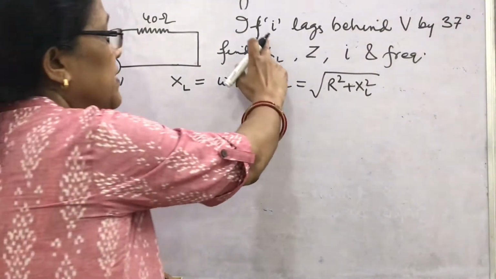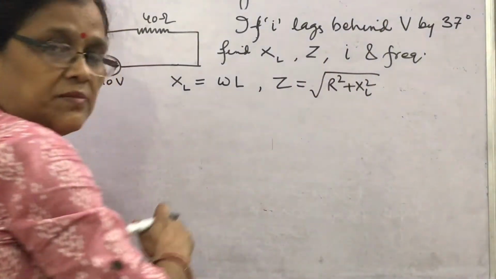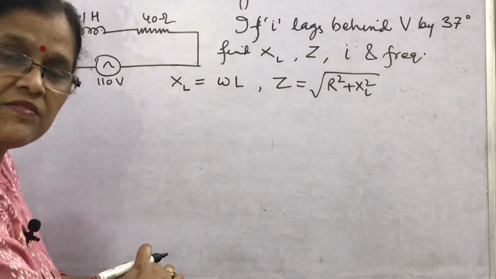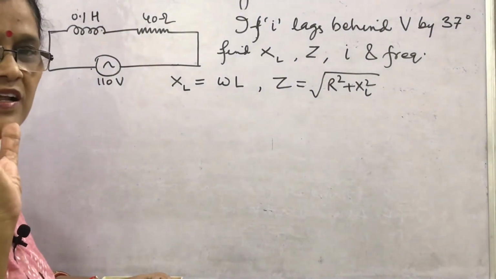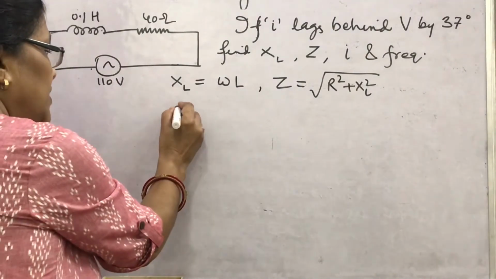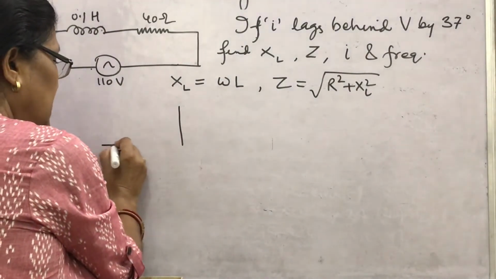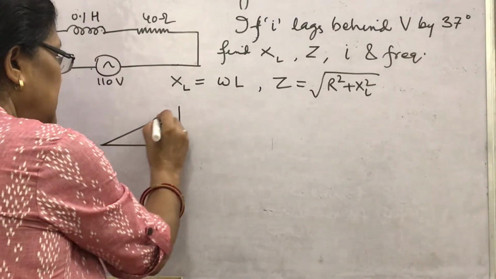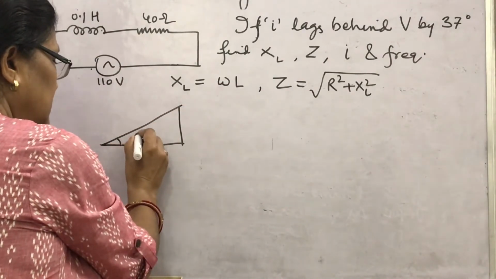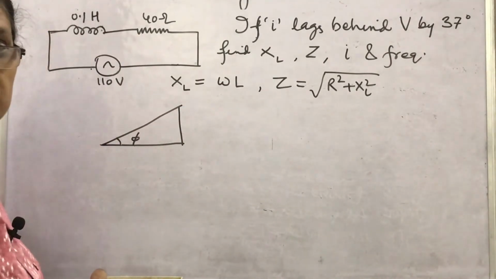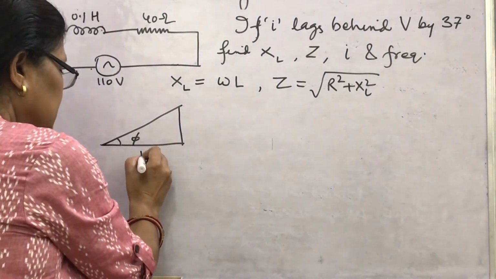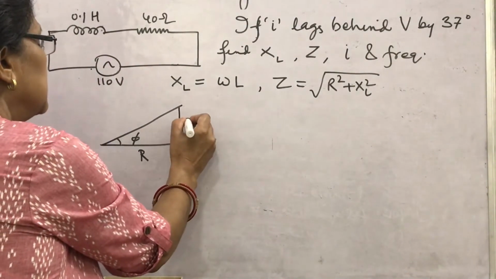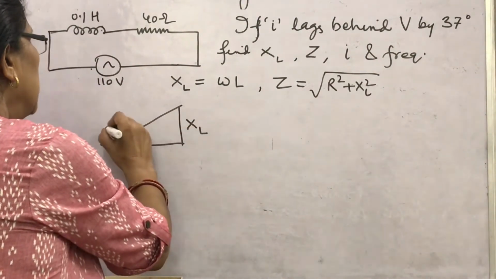The first line is given: the current lags behind the voltage by 37 degrees. What is 37 degrees? That is the phase angle, and I have given you in the description the phase impedance triangle. If this is R, this is XL, then what is this?